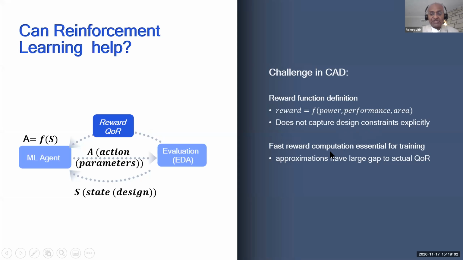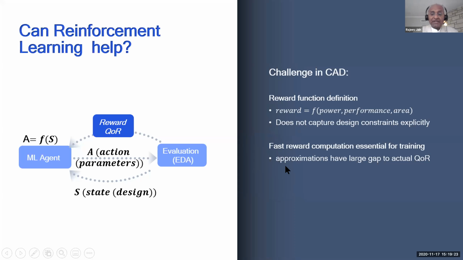The second problem, which is an absolute showstopper, is that in this loop, the evaluation with EDA tools can take for each iteration in the training process at least a day, if not several days or even a week. And reinforcement learning algorithms are still at the point where you need tens of thousands of iterations to really train anything.